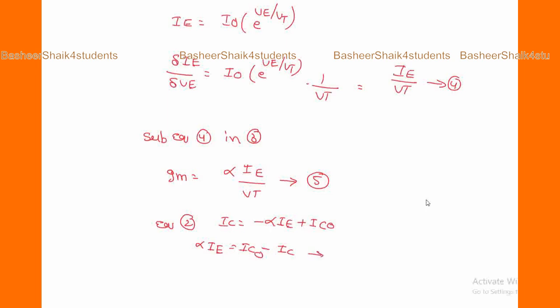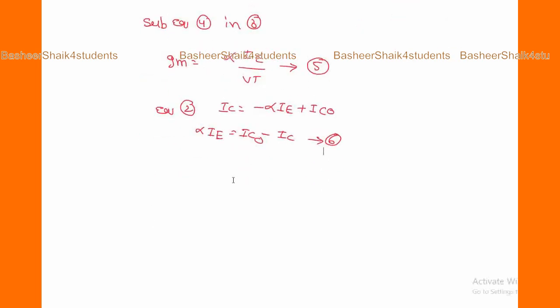Let's consider this as equation number 6. Substitute 6 in 5. We get Gm equal to IC naught minus IC by Vt. And further modifying this one, we represent this as minus IC by Vt, which is nothing but the Gm, the transconductance, for a PNP transistor.